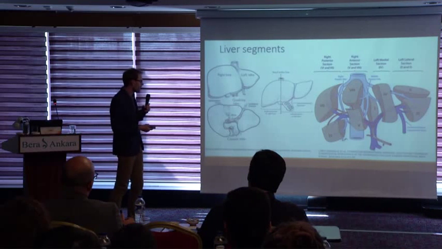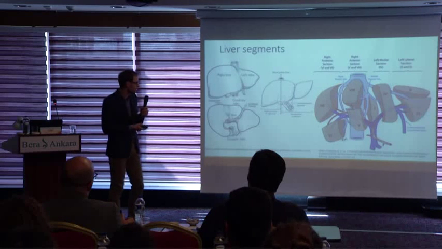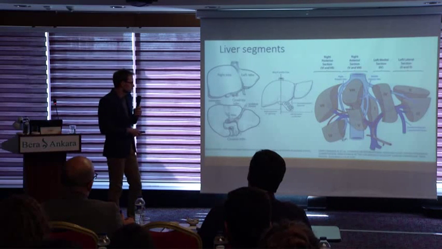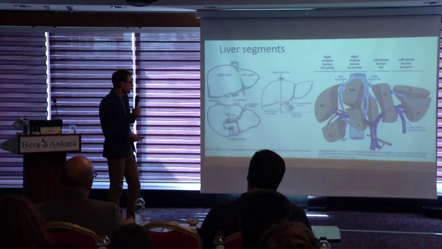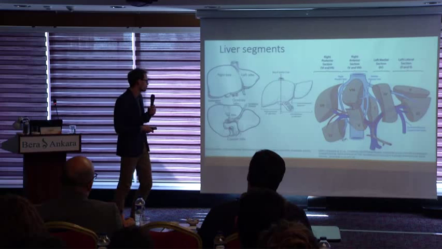So something about liver anatomy. We had a presentation this morning about the liver segments. So maybe I will only say that we can see the 4 liver sectors, and they are also divided into the segments that are named after the man called Couinaud.